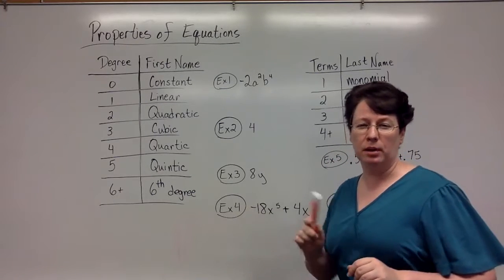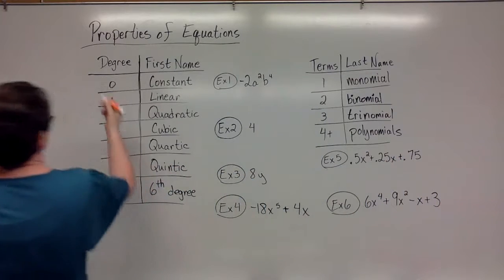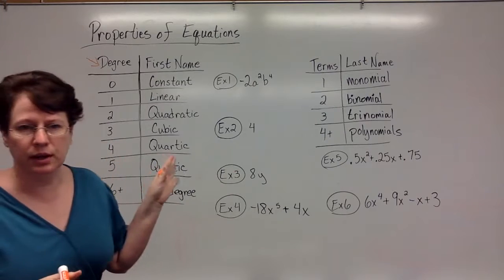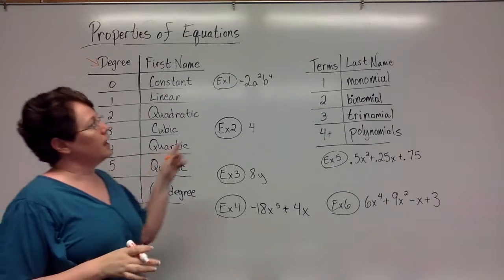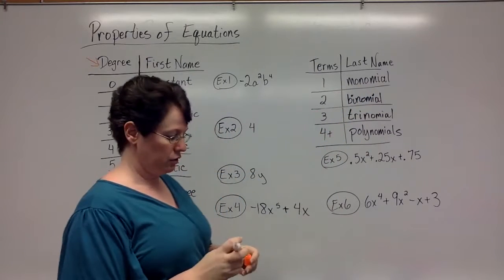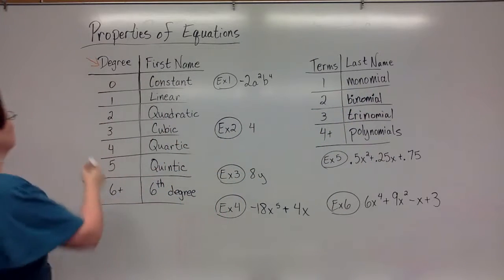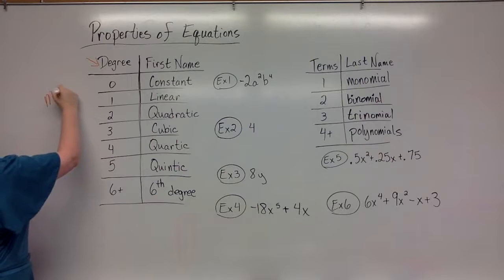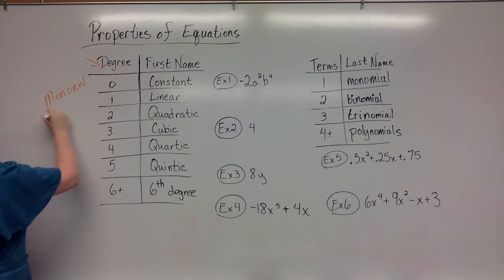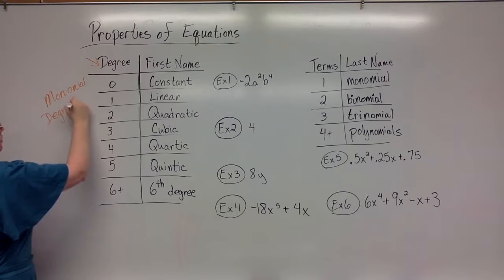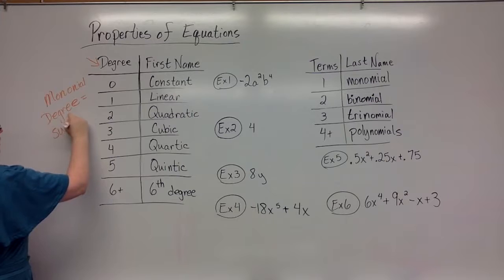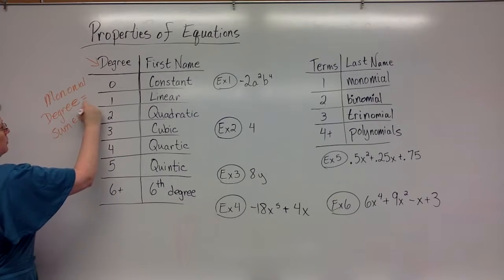So let's go back and talk about that degree thing. This is where the 2 tables get linked, right? If I have a monomial, the degree is the sum of the exponents.